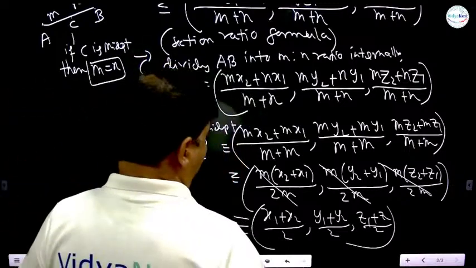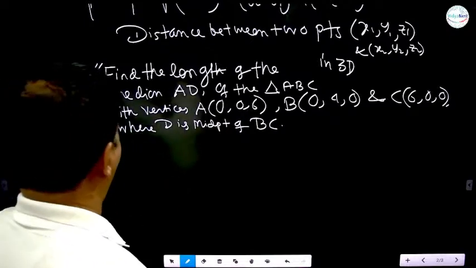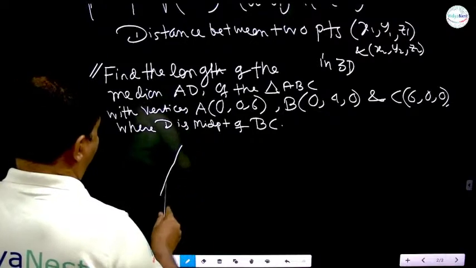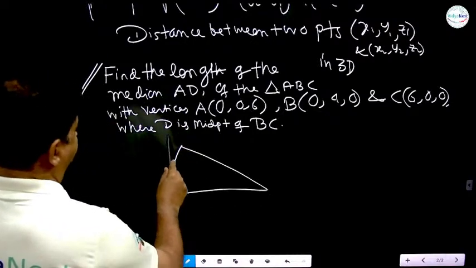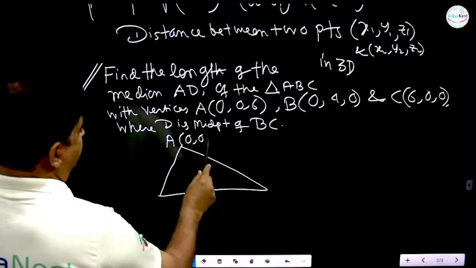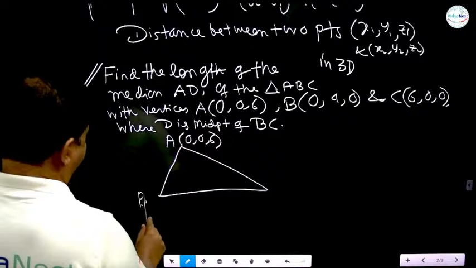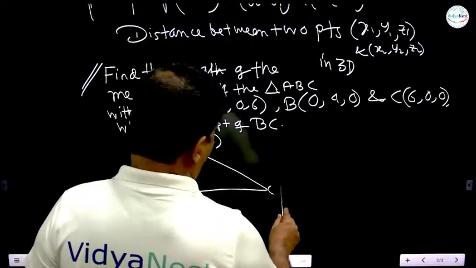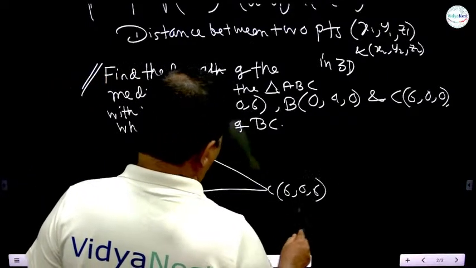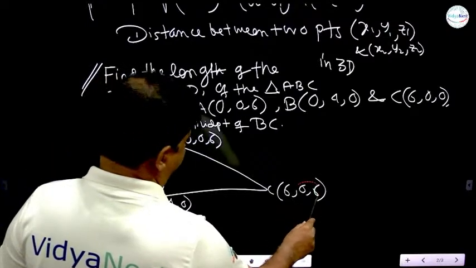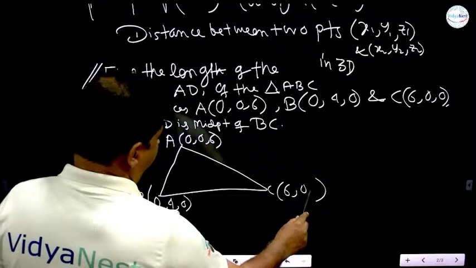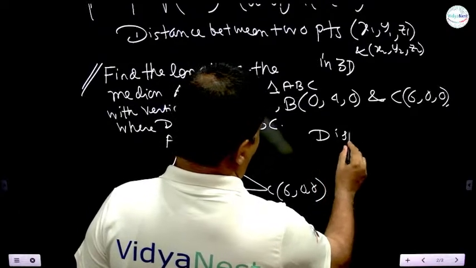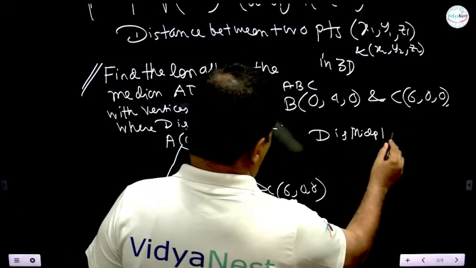Now, let us go to the previous sum. A (0, 0, 6), B (0, 4, 0) and C (6, 0, 0). D is the midpoint of BC.